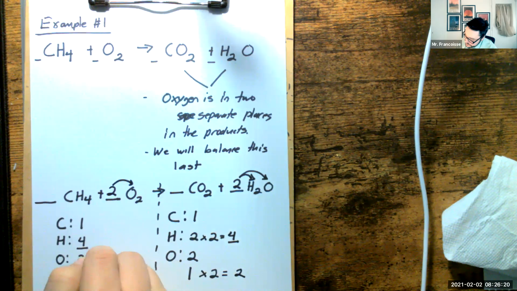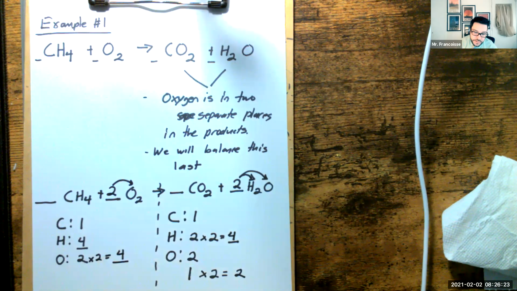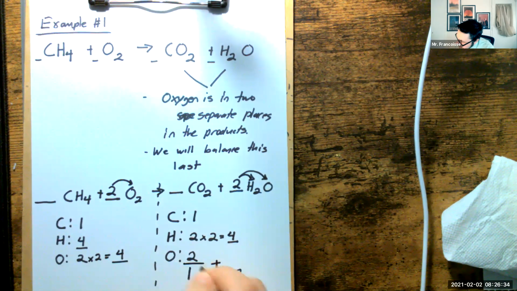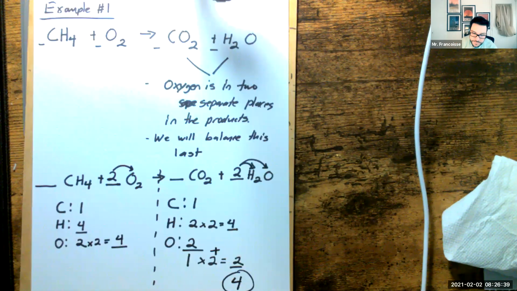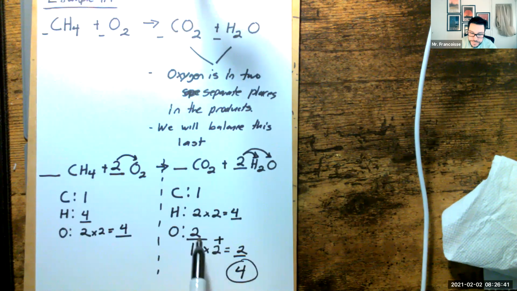So we multiply this by 2, we're going to get 4 oxygen here. So we check it. Carbon, 1 and 1. Hydrogen is 4 and 4. Oxygen is 2, and then it's 2 plus 2. We get 4 total. So we add these 2 together. So now both sides of this are equal.